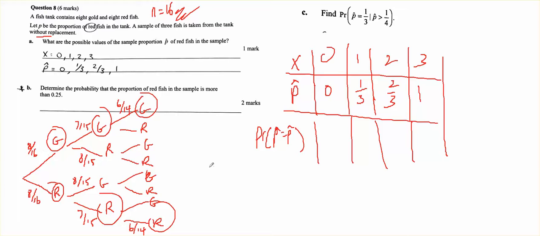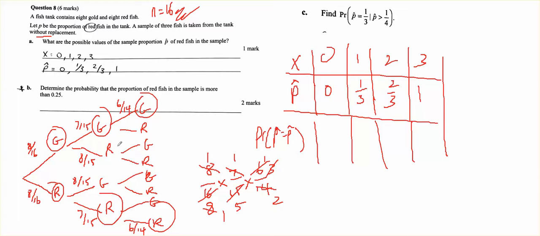8 out of 16 times 7 out of 15 times 6 out of 14. 2 goes into 6 three times, 2 goes into that 8 times, 8 goes into that once, 8 goes into that once, 7 goes into that once and goes into 14 twice, 3 goes into 15 5 times, 1 on 10.